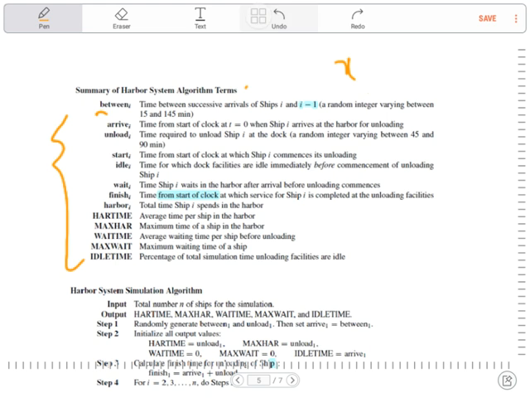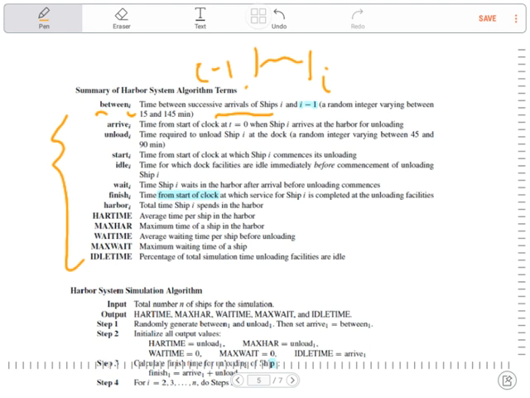Between I, as the name suggests, will measure the time gap between the arrivals of ships. So it is the time between successive arrivals of ships. Say ship I is here, and before it ship I minus 1 has arrived, so what is the time gap in between? That is between I. As I already said, in the real life situation we have to cover the restriction.